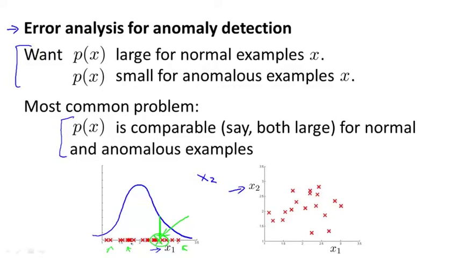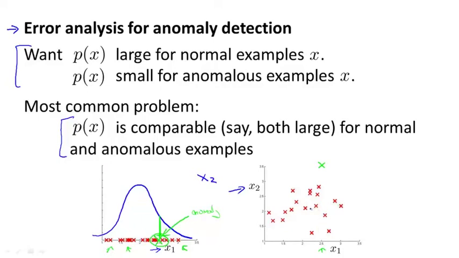So that when I replot my data, if I take all my normal examples of my training set, hopefully I find that all my training examples are these red crosses here. And hopefully, for my anomalous example, the feature x2 takes on a very unusual value. So for my green example here, this anomaly, my x1 value is still 2.5, but maybe my x2 value takes on a very large value, like 3.5 over there, or a very small value.